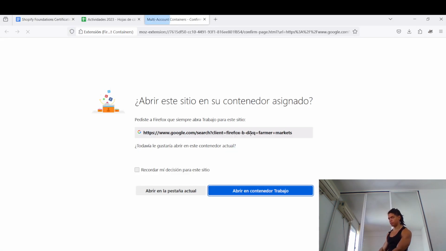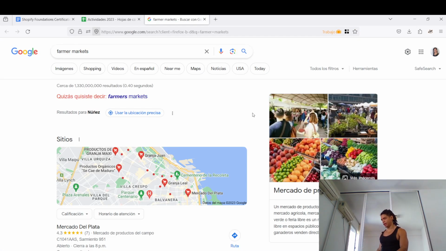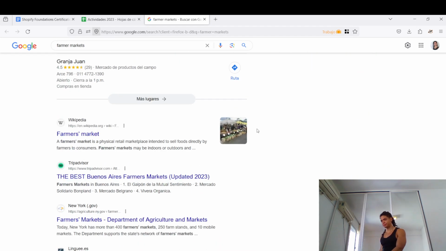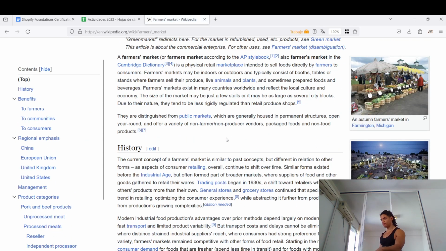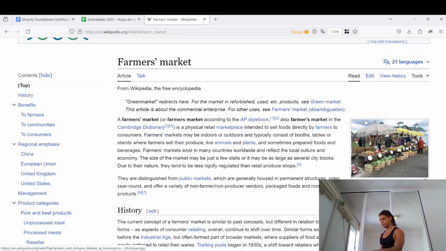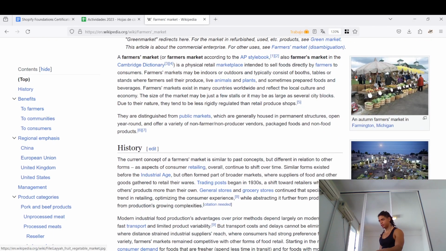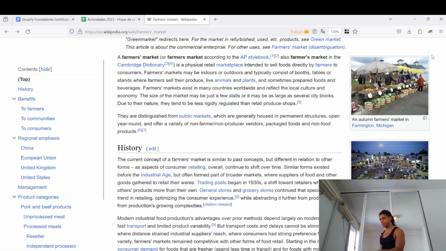The example of farmer markets. Exactly. Physical retail marketplace. Exactly. Like this in Michigan. Farmer markets.